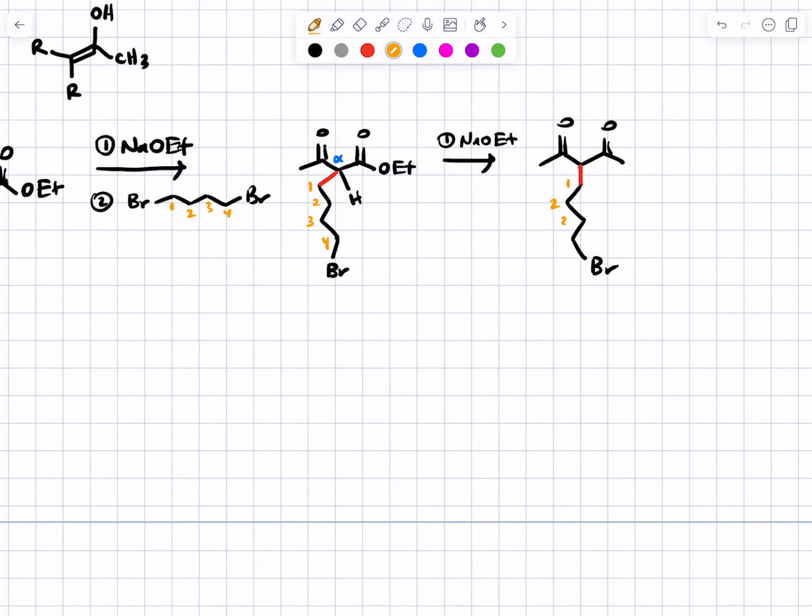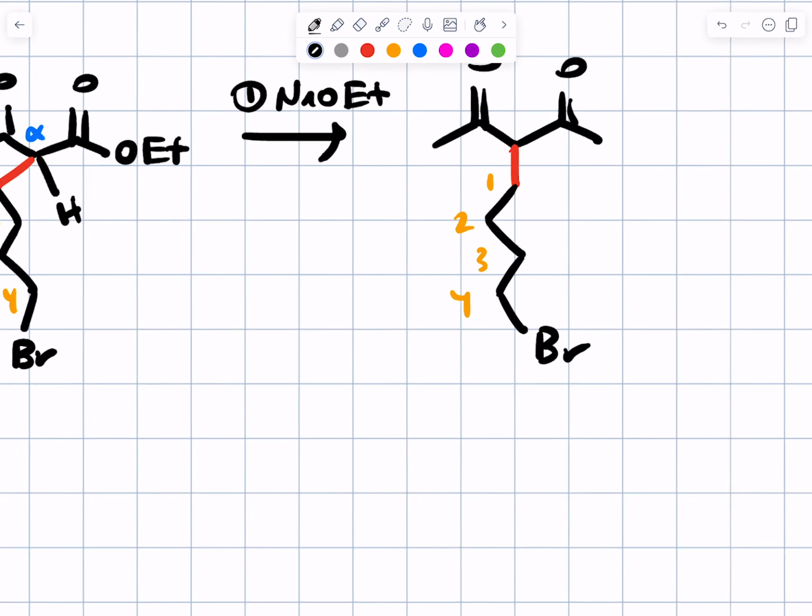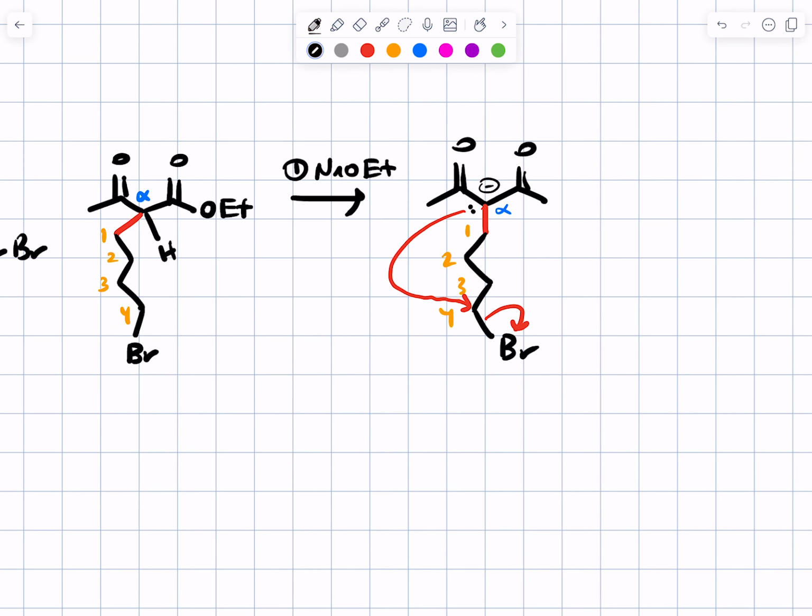I'm going to number the carbons. And then we'll do the intramolecular SN2 reaction, where the lone pair on the blue alpha carbon attacks the carbon-bromine sigma star on orange carbon 4, kicking off the bromine.